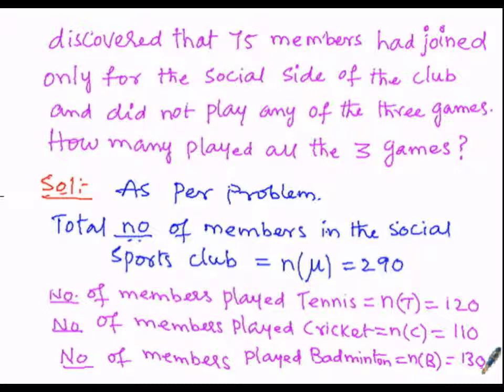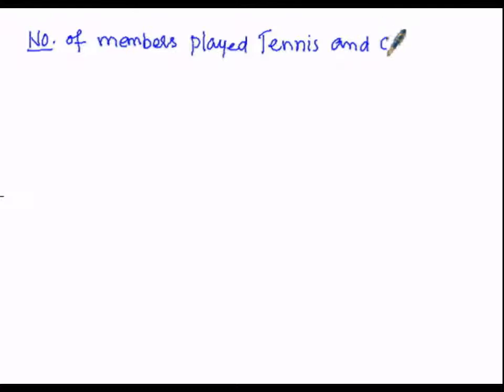But here 70 played both tennis and as well as cricket. As per the problem, the next logical step is the number of members who played tennis and cricket. That can be given by n of tennis and cricket.